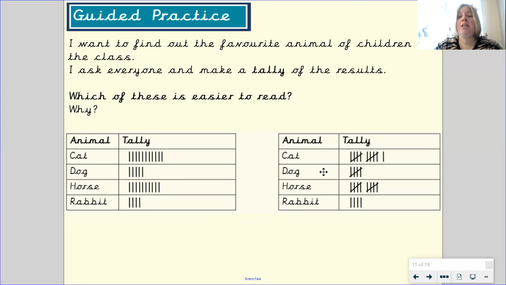So we can count in fives. 5, 10, and one more make 11. So the tally chart, when it's presented like this with groups of 5, makes it easier for me to see and makes it easier for me to count to find the total.